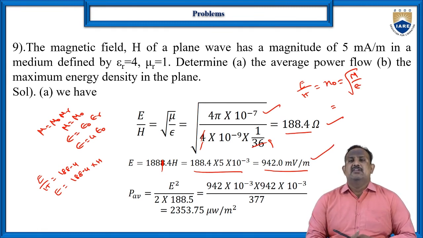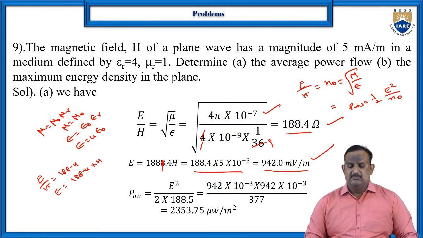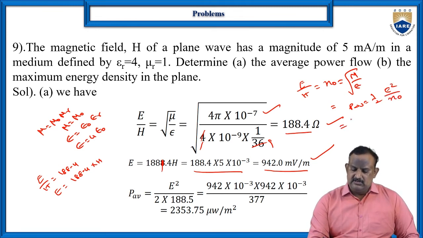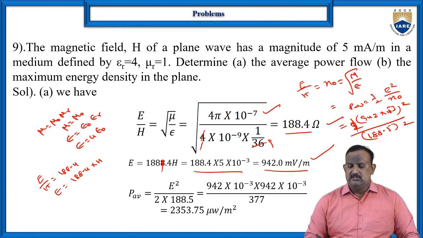Then we need to find the average power flow. We have the formula P average equal to half into E square by eta. Therefore, it is half into (942 into 10 power minus 3) whole square by 188.5, and directly here we can add the 2.